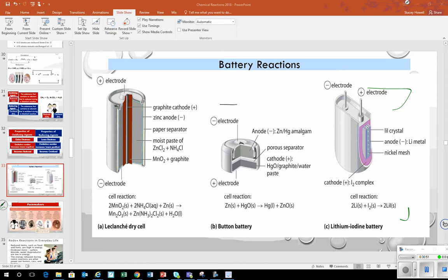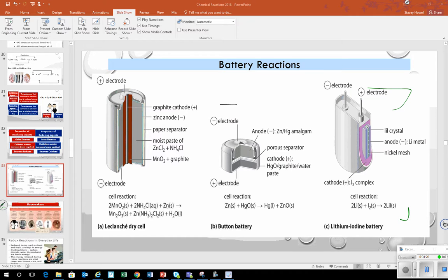Lithium is very reactive with water, so if you happen to drop your phone in water and it gets in the battery, it's gone, because it makes lithium hydroxide, and there's no more lithium to be part of your battery, so the battery doesn't work. It does have a nickel mesh in there also, so that it can work back and forth, but usually lithium is paired with iodine in batteries so that it can work back and forth and give you the charge that you need.